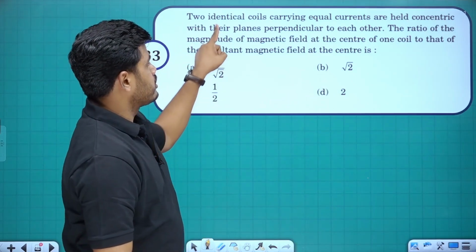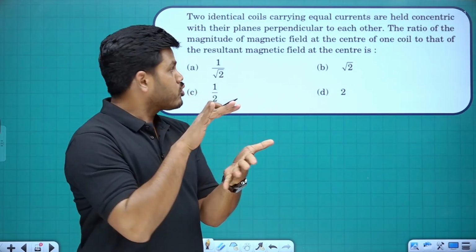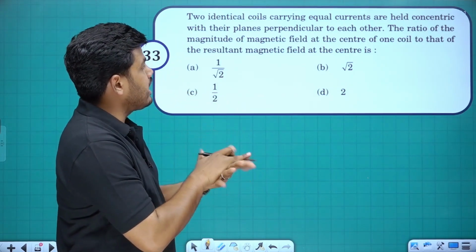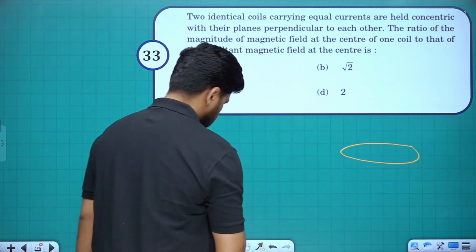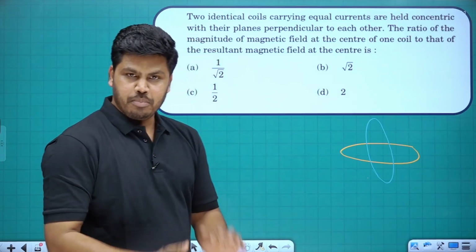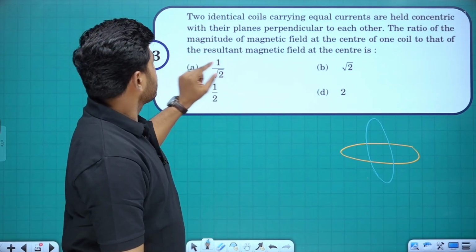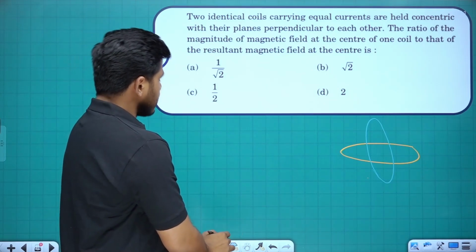What are these two magnetic fields? We have two loops, right? One of the loops may be like this and the other loop is going to be like this, okay? Mutually perpendicular planes. Yes.